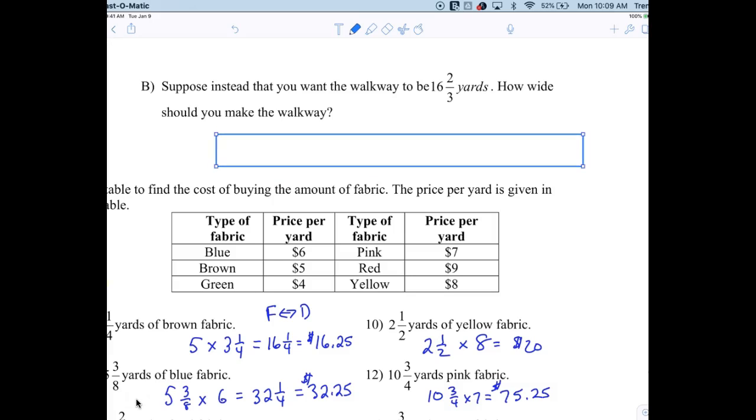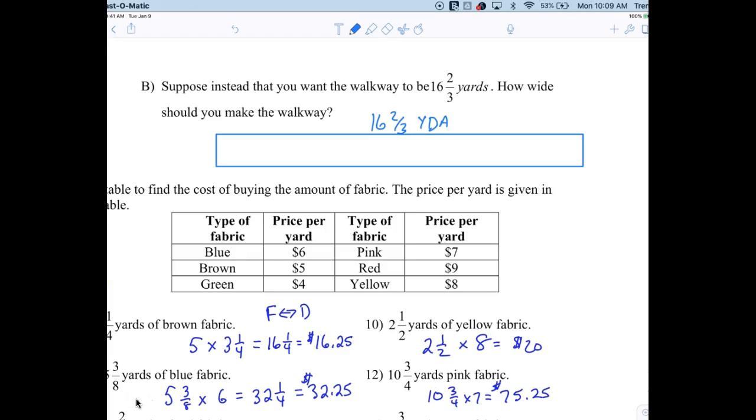There's my driveway. My walkway, I measured it, and I need to make it 16 2/3 yards long. Does everybody agree with that?